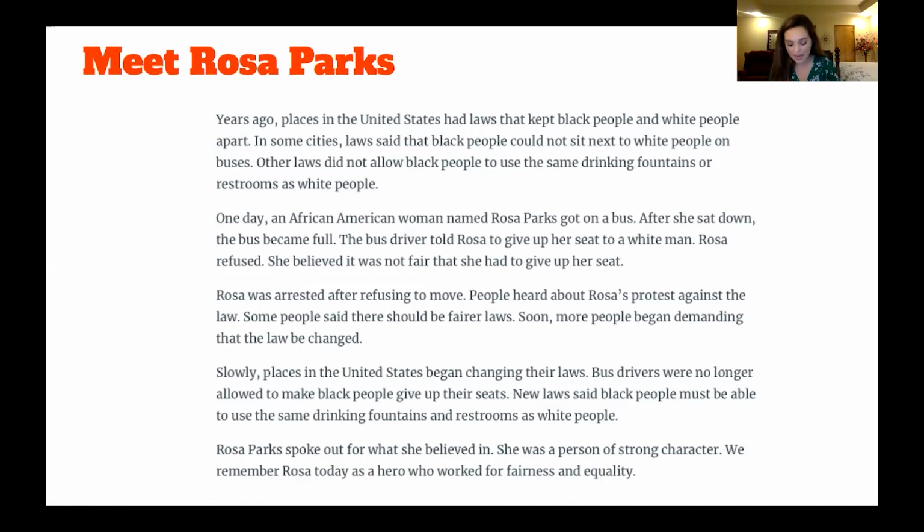So the main idea in this last paragraph, let's just look at the first sentence. Rosa Parks spoke out for what she believed in. Do you guys think that that's a good main idea for this last paragraph? It's maybe not giving all details, but it is giving kind of the gist of what they are saying about her. Thumbs up or thumbs down?